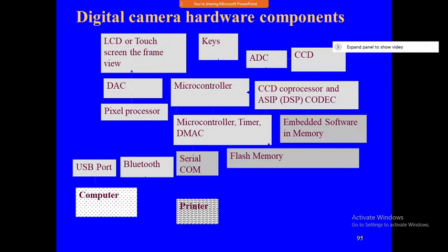These are all the qualities in the digital camera, and it has speakers. Whenever you record videos, it has to play that video, and for that you need the speakers. It also has audio video output ports for connecting to the TV or DVD players.